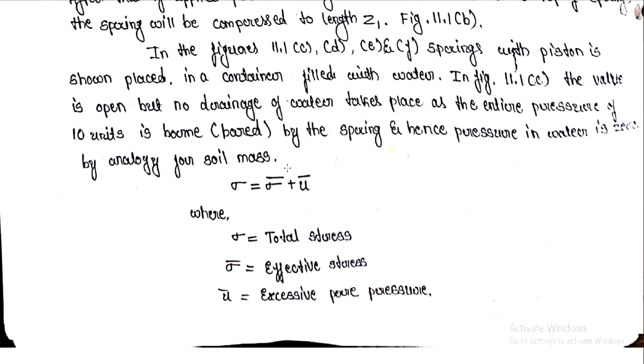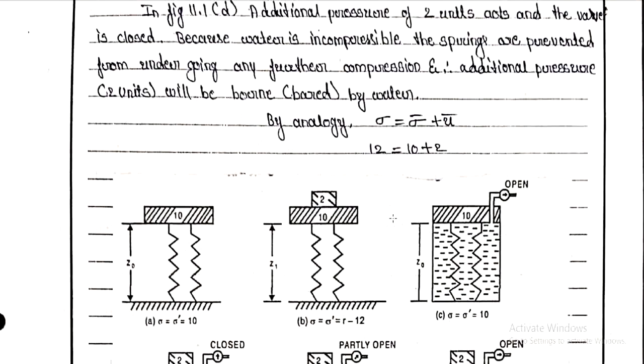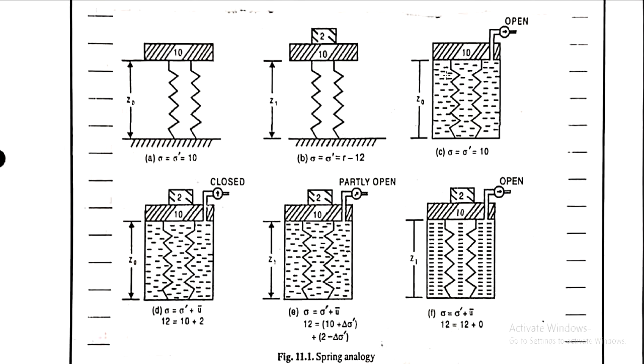In 11.1c, the valve is open but no drainage of water takes place, as the entire pressure of 10 units is borne by the springs. Let us think that the capacity of the springs is 10 units, meaning 10 kg or 10 Newton. So if I apply only 10 units of load, the spring will not get compressed.